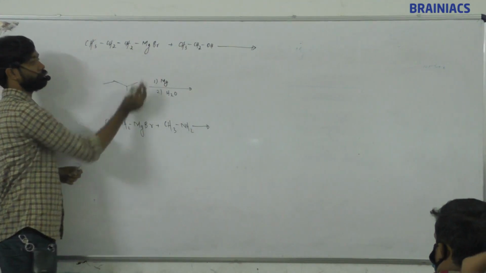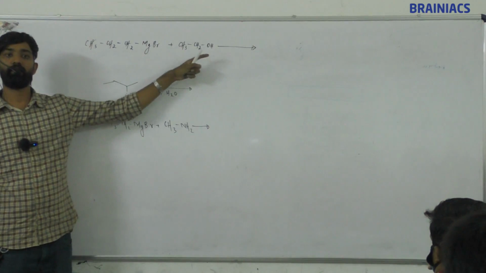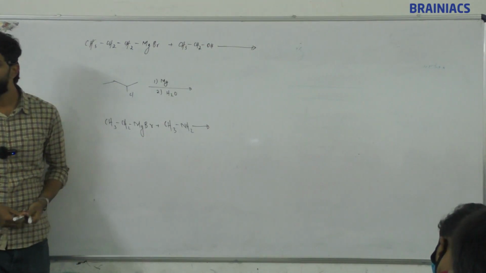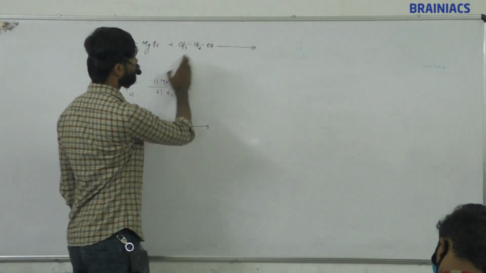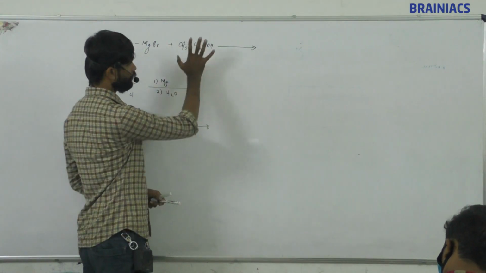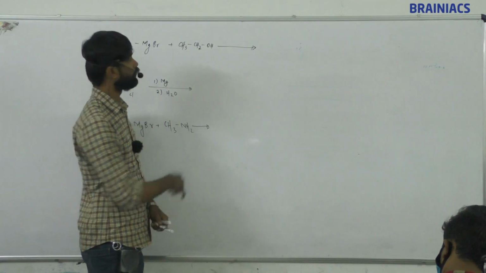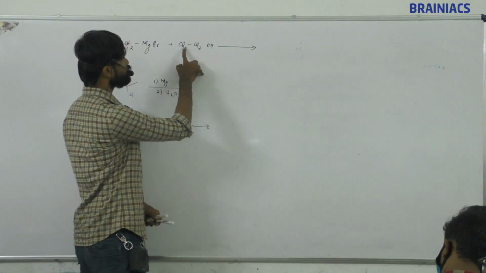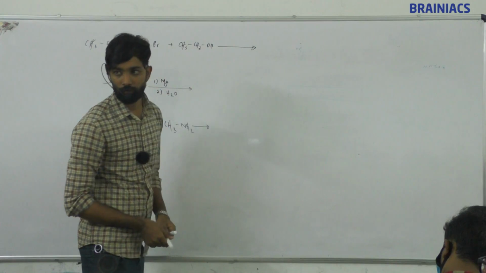This is CH2, a Grignard reagent, and this is an active hydrogen species. First of all, you have to identify what is A minus. CH3CH2O is A minus.